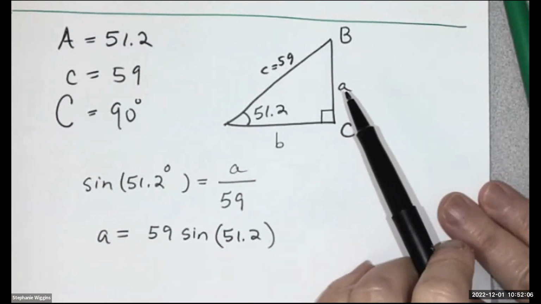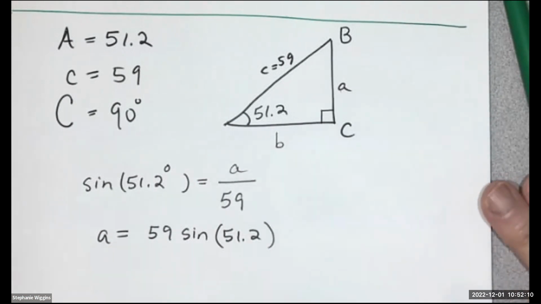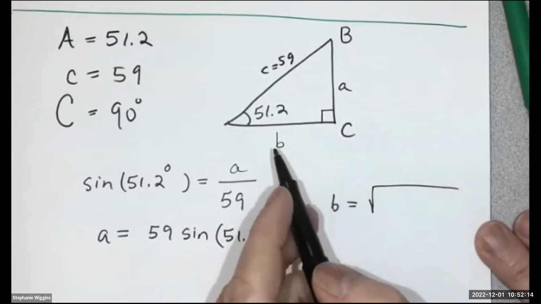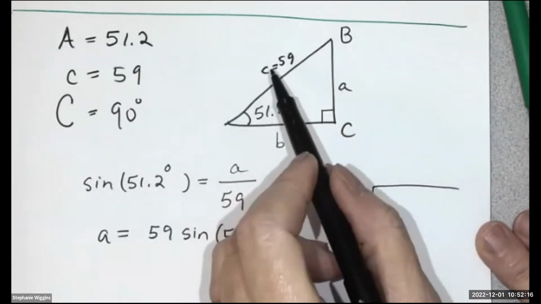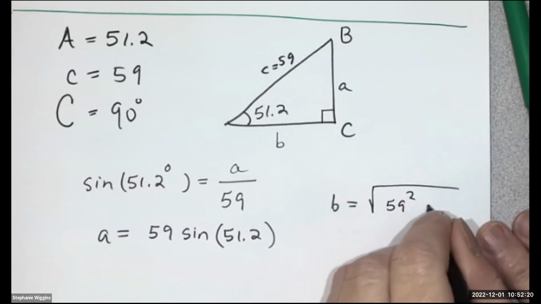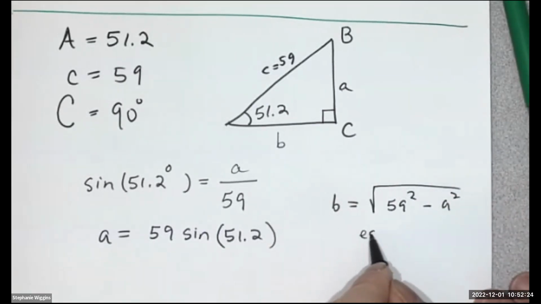Once you find A, then you can use the Pythagorean theorem to find B. So B equals the square root of 59 squared minus your a squared, okay, by the Pythagorean theorem.